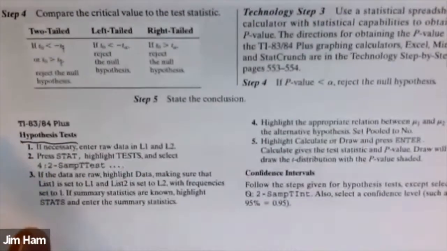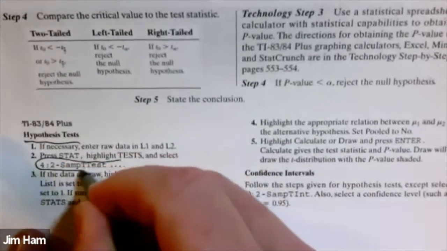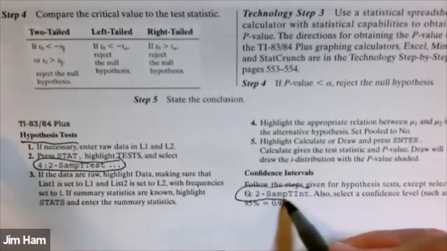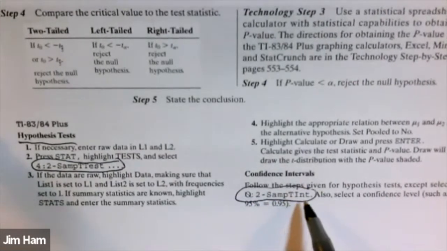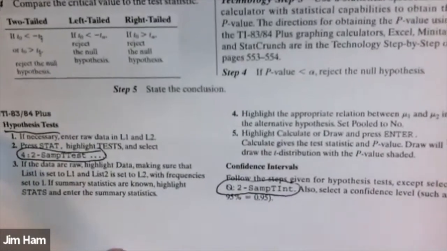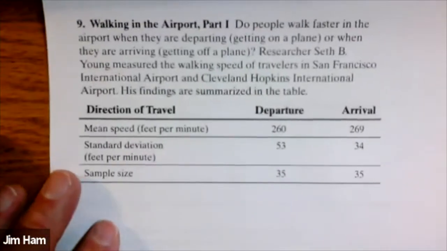For the TI-84, we're going to use the 2-sample t-test, and later on when we do a confidence interval, we're going to do the 2-sample t-int. Those are all in the same menu, the test menu of the calculator.